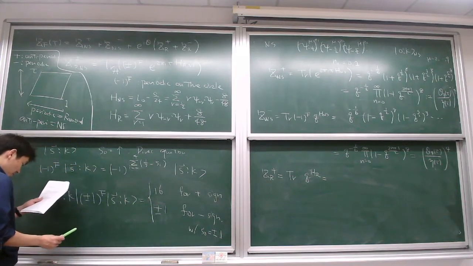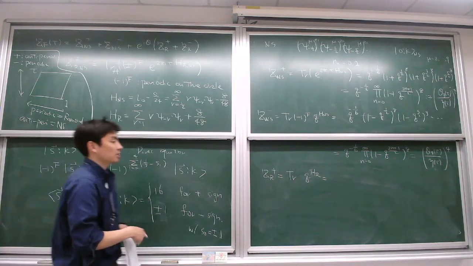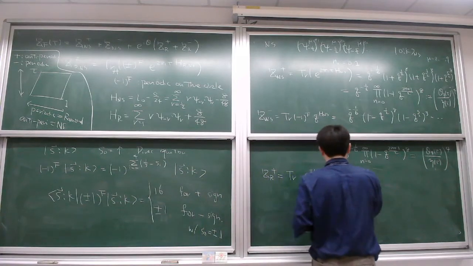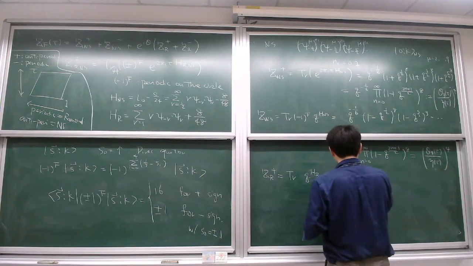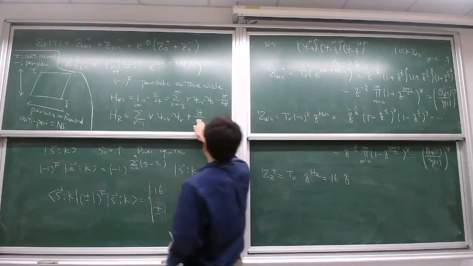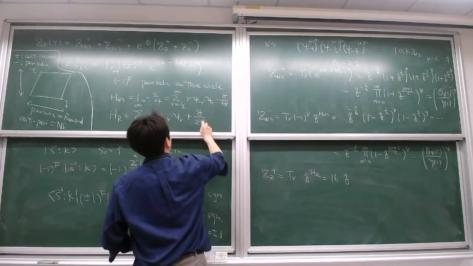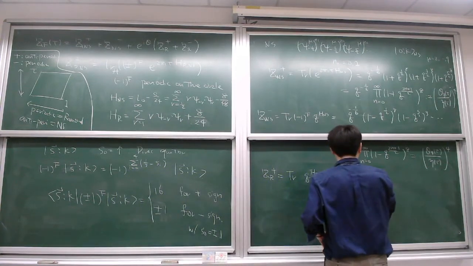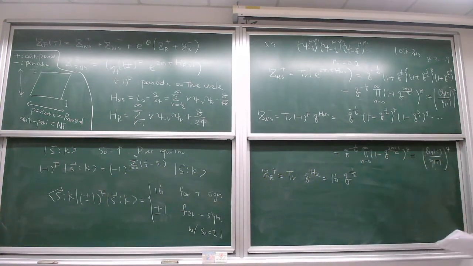I need to take a, this is plus sign, you have a 16 degeneracy, and the q to the, sorry, this is 24, one third. Sorry.